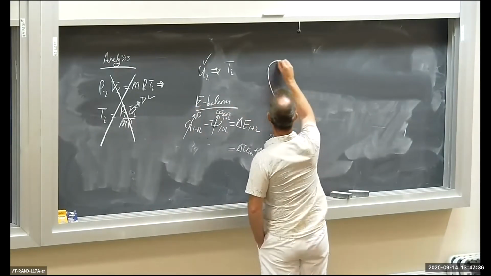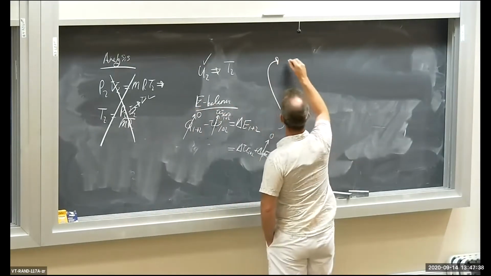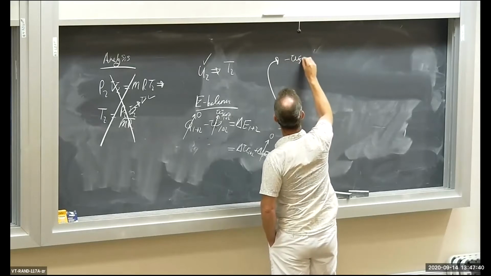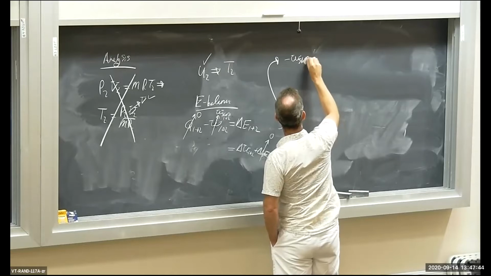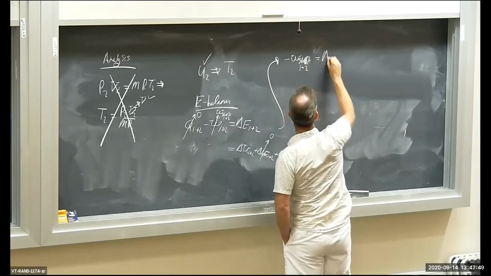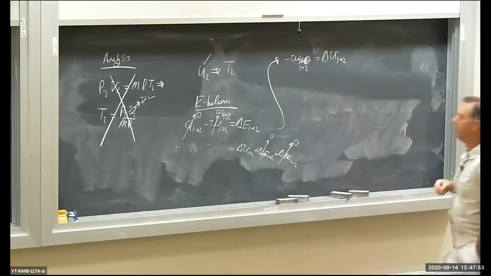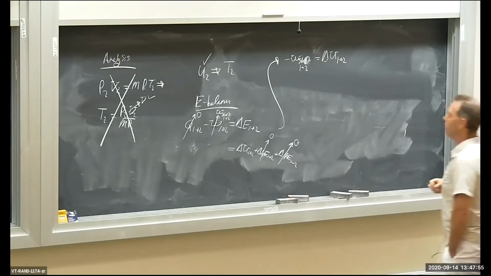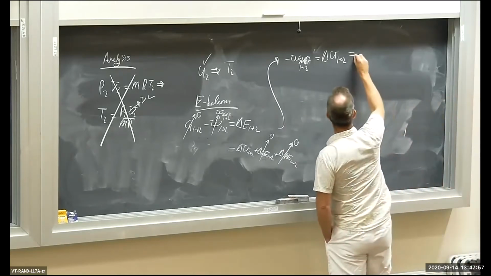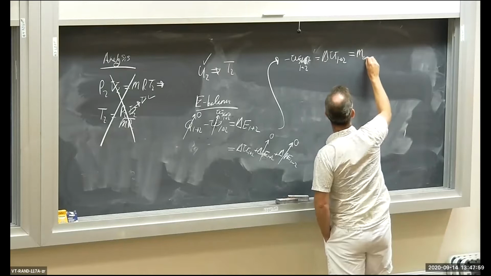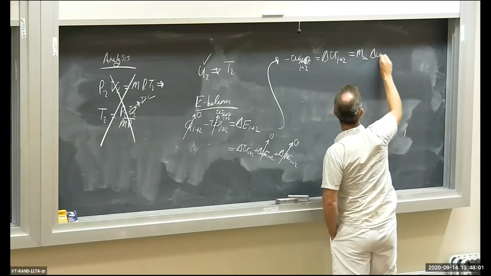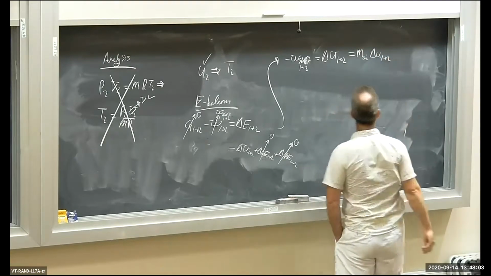Okay, let's see what we got here. Minus W shaft 1 to 2 is equal to delta U 1 to 2. Now let me write that in terms of change in specific internal energy. So mass of the air times delta little u from 1 to 2.